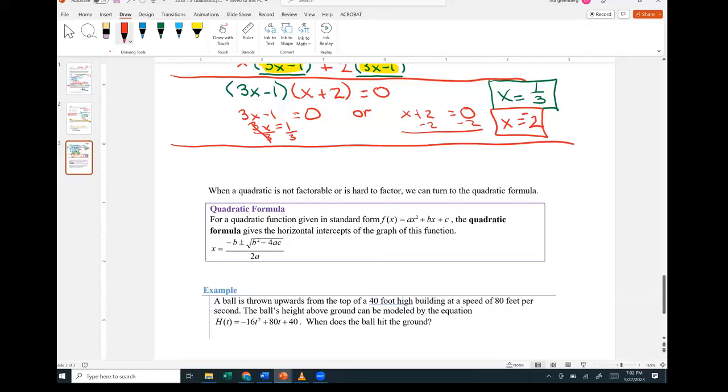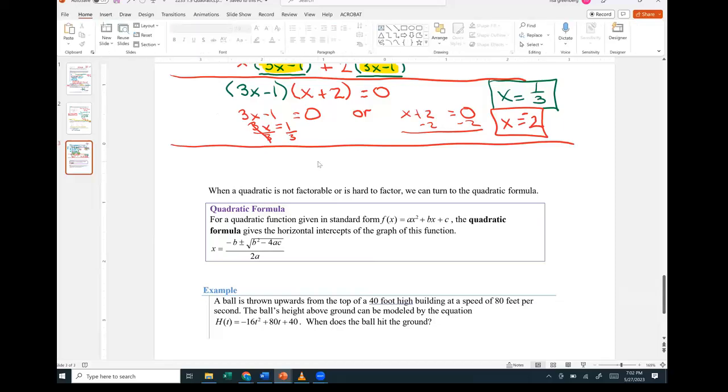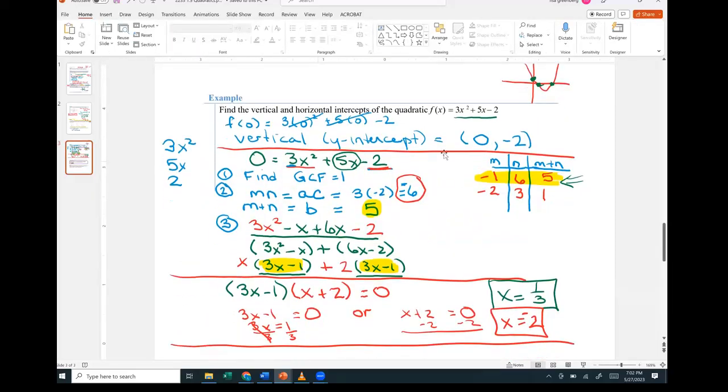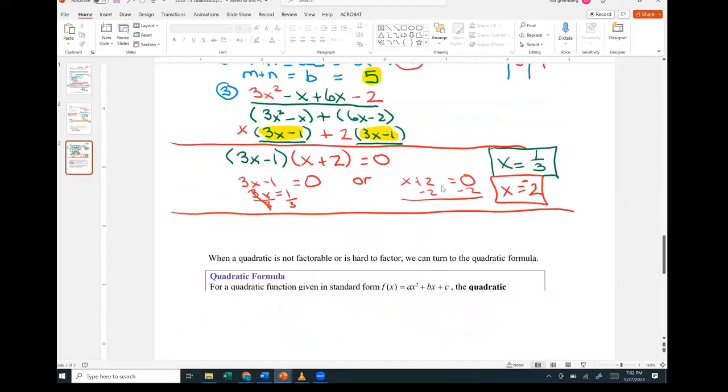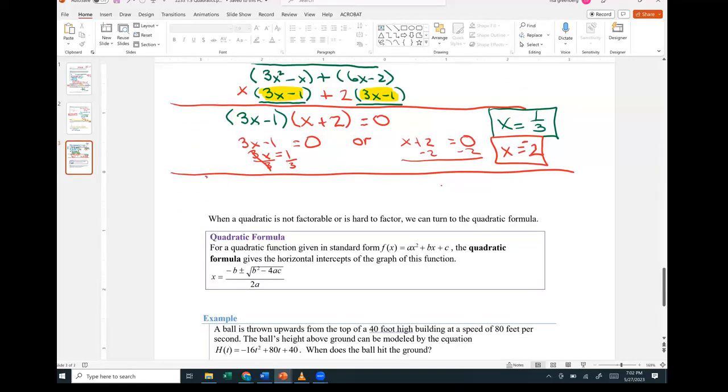So as long as my function equals 0, and my original function here is 3x squared plus 5x minus 2, so I have f of x equals 3x squared plus 5x minus 2. And since I'm looking for my horizontal intercepts, I can say this equals 0. As long as it equals 0, I can use the quadratic formula.